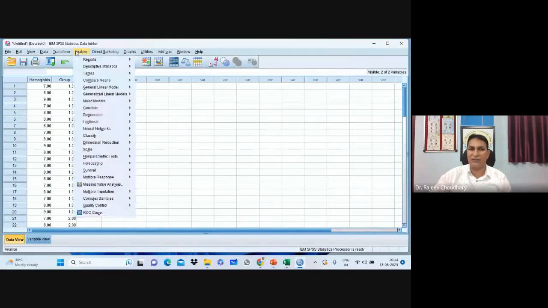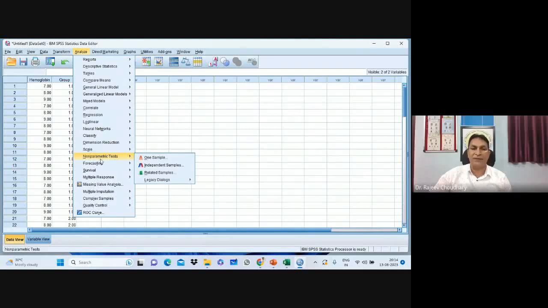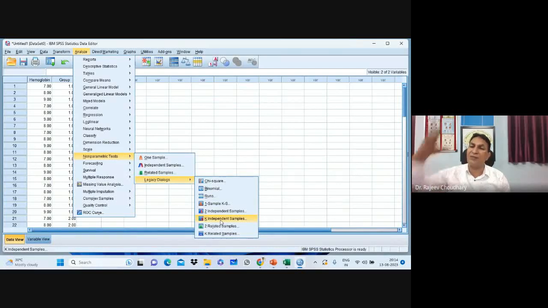Click on Analyze. Now please tell me, where is my arrow? Non-parametric tests. Yes. Now go to Legacy Dialogs. Now go to K Independent Samples. Here K means n numbers, more than 2.